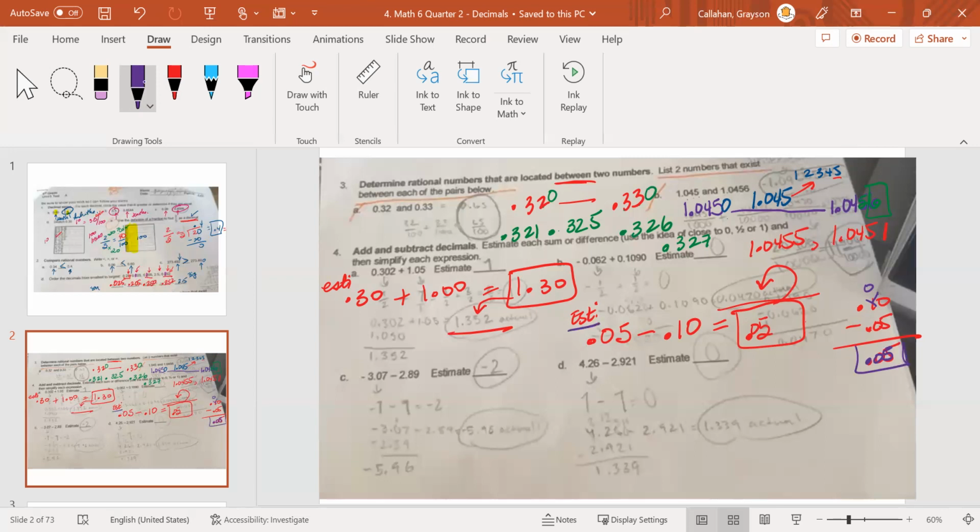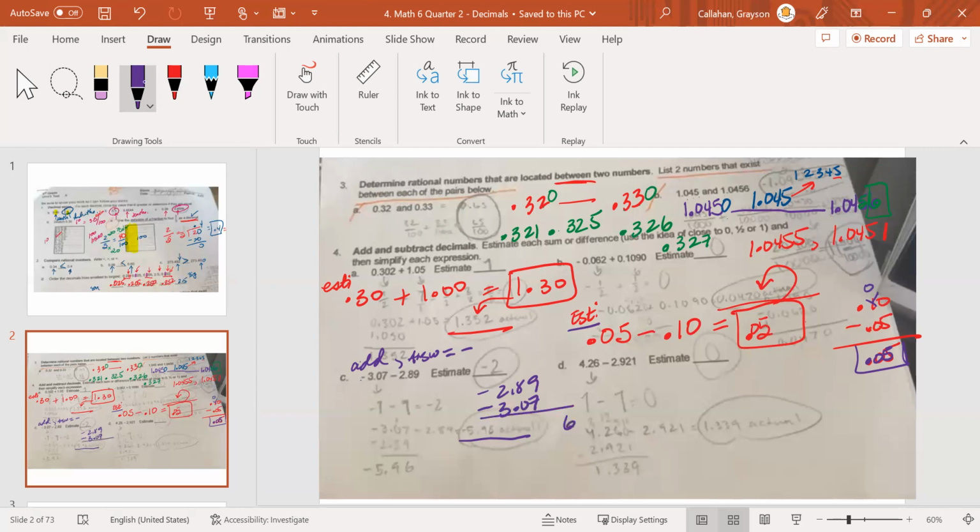Over here, so your actual is negative 5.95, I think. Okay. So when I look at this negative minus, it's an add, but your answer is gonna be a negative, okay? So negative 2.89, negative 3.07, you're gonna be adding them, right?